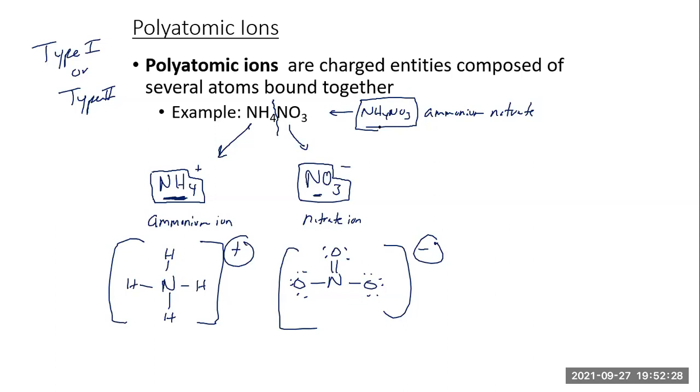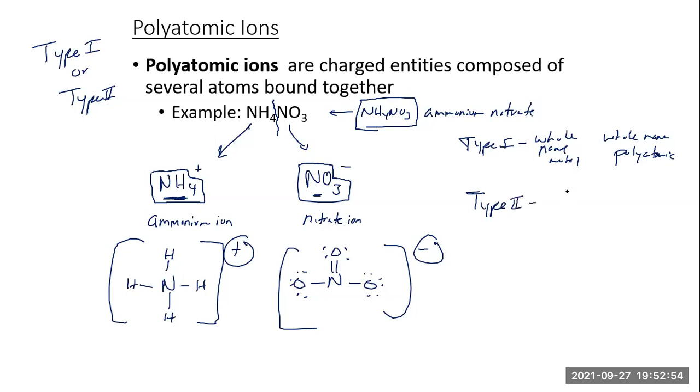So if we have a type 1 situation with a polyatomic ion, just like we did with type 1, whole name of the metal and whole name of the polyatomic ion, which we'll take a look at in a table here in just a second. If you have a type 2 metal involved with a polyatomic ion, we do the same thing.